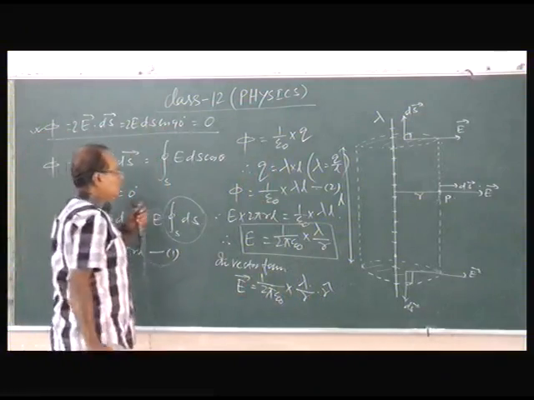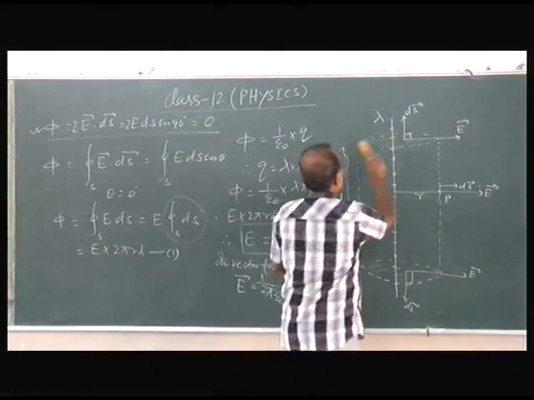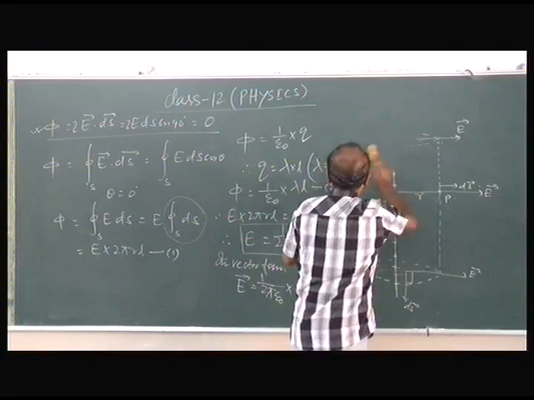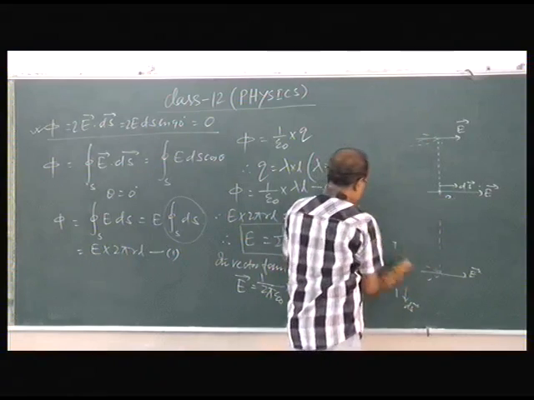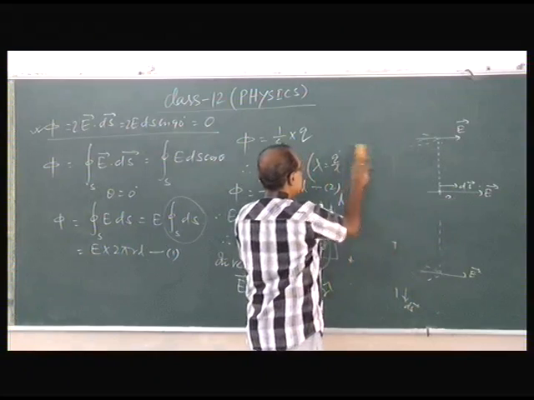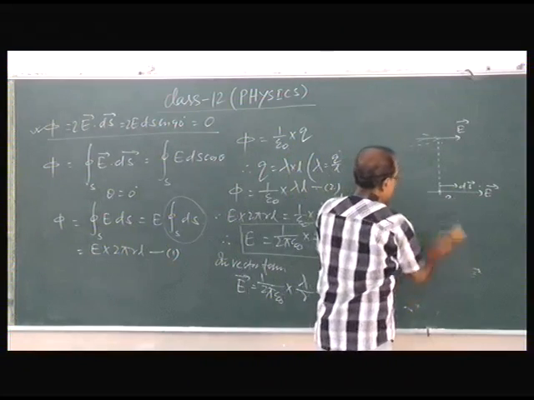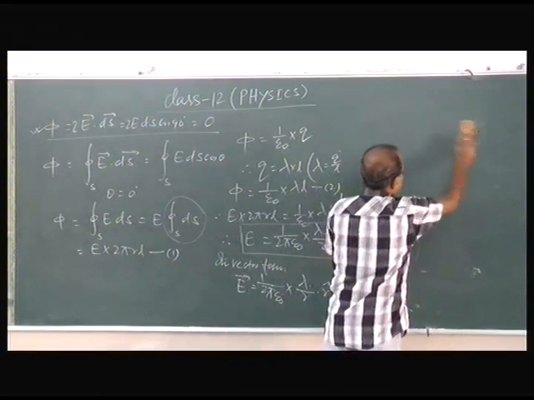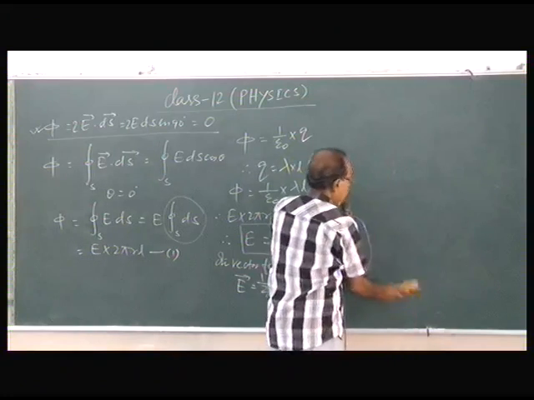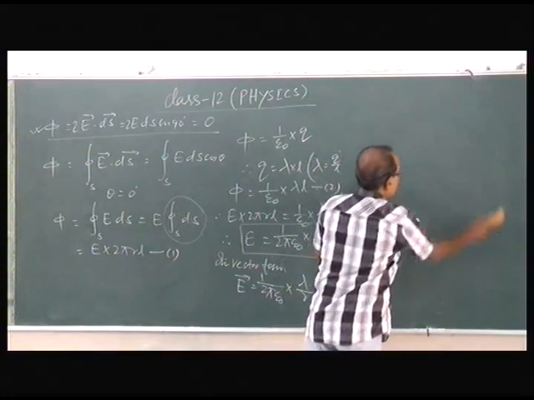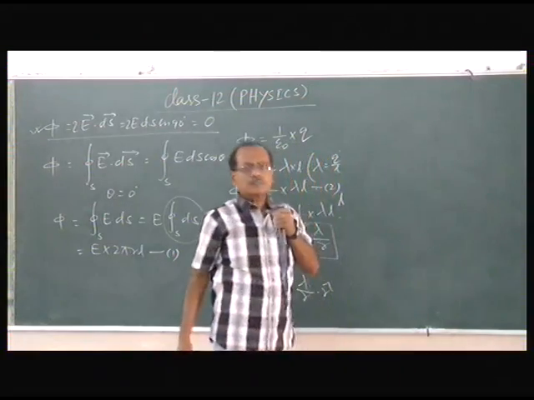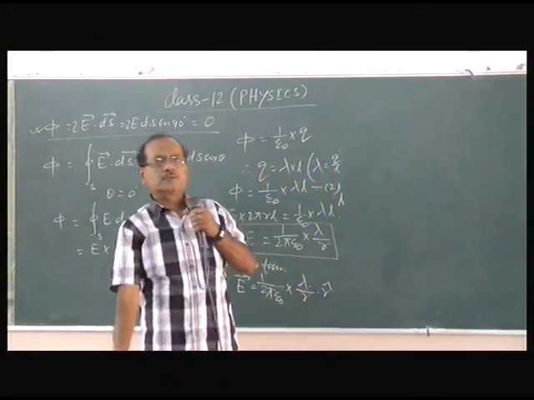Now number 2 is electric intensity due to an infinitely thin sheet of charge, or simply a thin sheet of charge. Here a sheet of charge means the surface is made by the charges only.